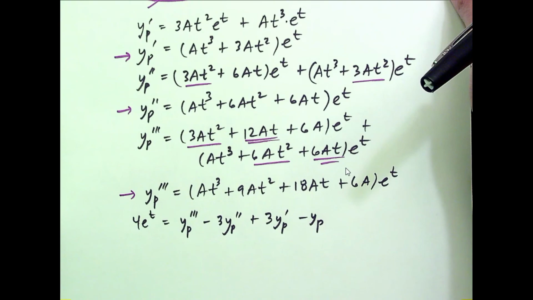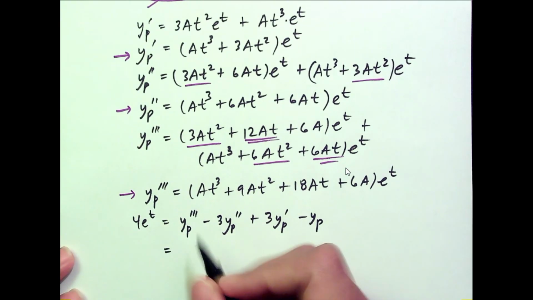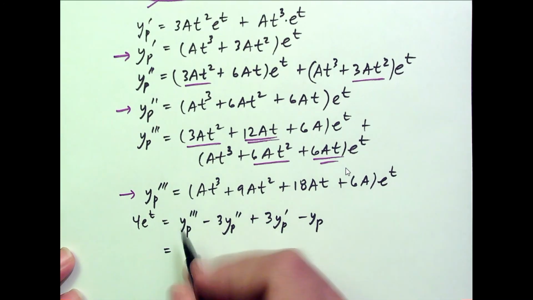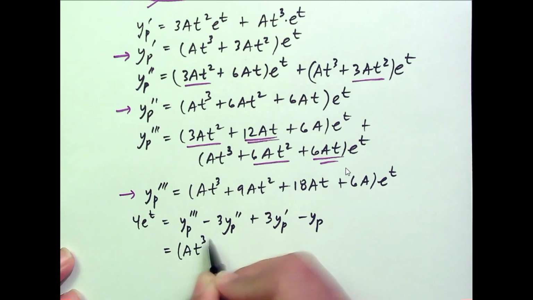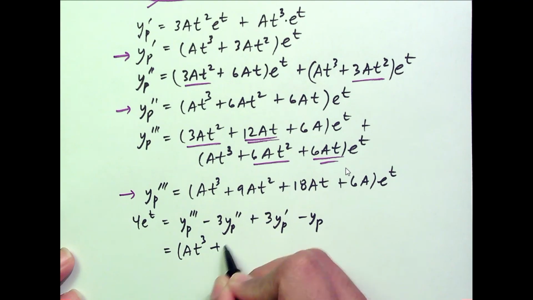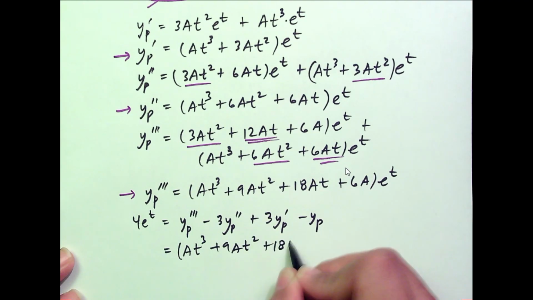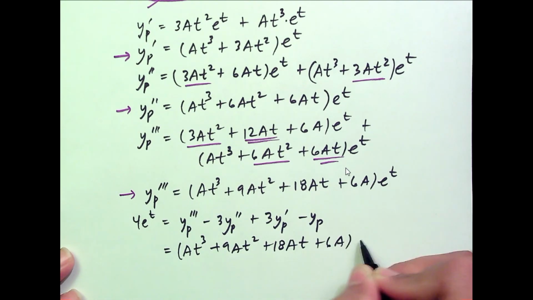Okay, we have all of these. We have to now start plugging in. This one right there is the third derivative, so this is going to be a t cubed, so I'm just going to basically copy this stuff, plus 9a t squared plus 18a t plus 6a e to the t.